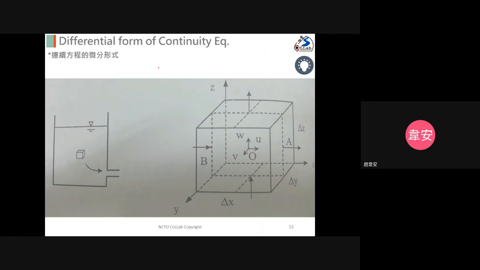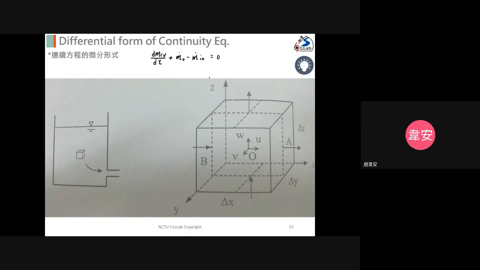Before that, from the previous slide, we know what the continuity equation is. It follows the mass in the control volume: dm_CV/dt plus the mass flow rate out minus the mass flow rate in is equal to 0.